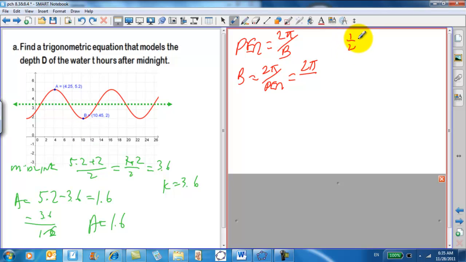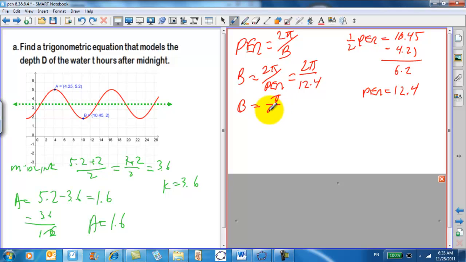So half the period equals 10.45 minus 4.25, which is 6.2. So the period equals 12.4 hours. Dividing that out, you can come up with an exact B of pi over 6.2, or calculate that to be roughly 0.507.